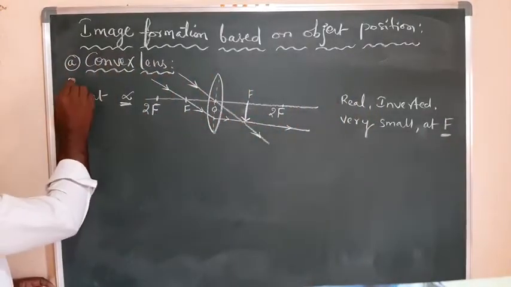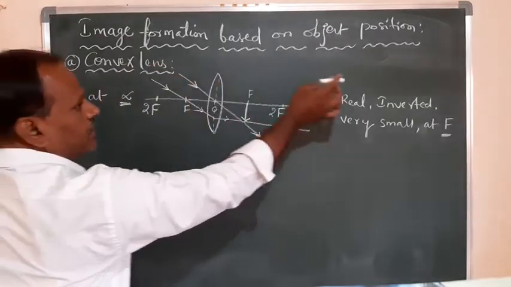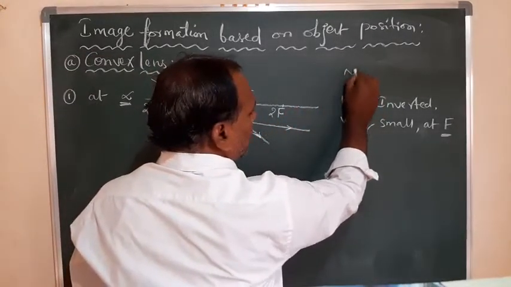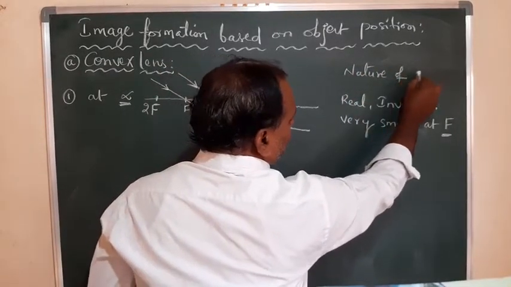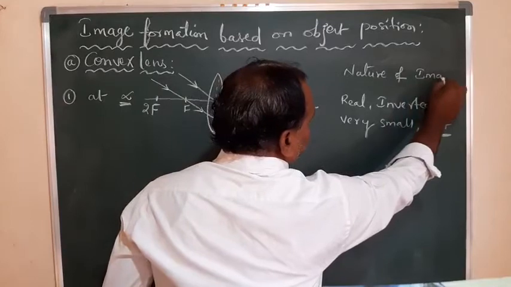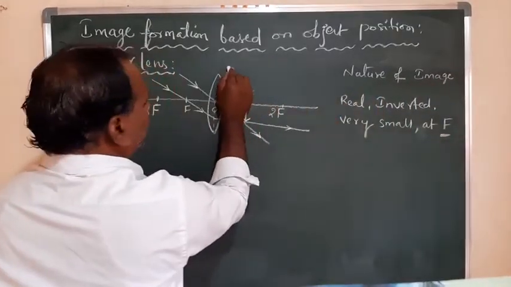Here you can write the serial number, the position of the object, the ray diagram, and the nature of the image. So how the image is obtained when the object is at infinity, that I explained. It is the first case.